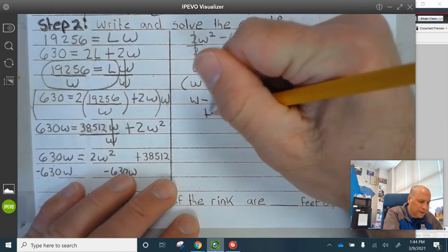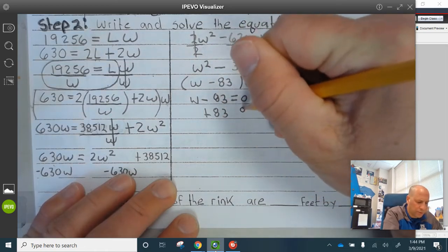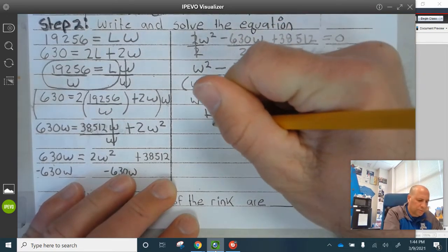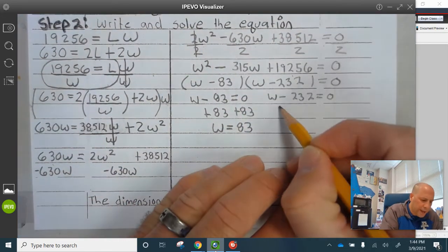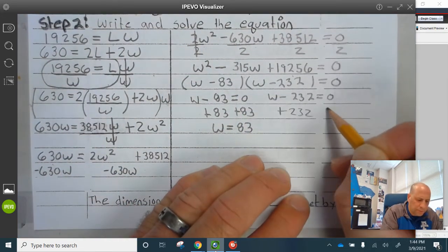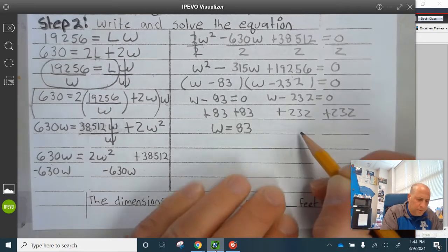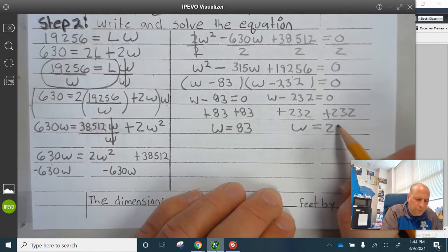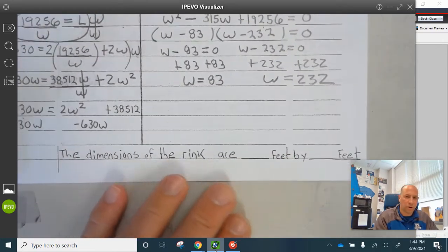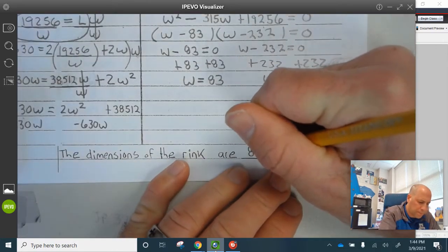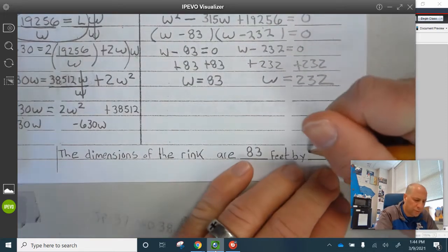Now we add 83 to both sides, so W equals 83. Now we add 232 to both sides, so W equals 232. So the dimensions of the ring are 83 feet by 232 feet.